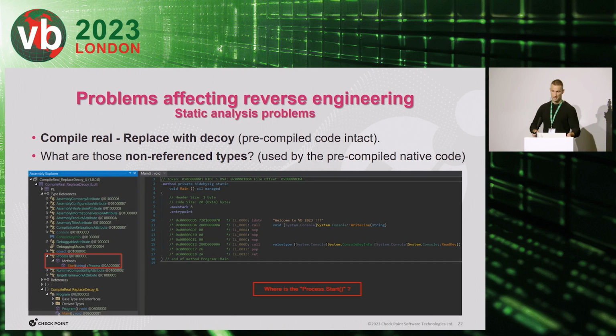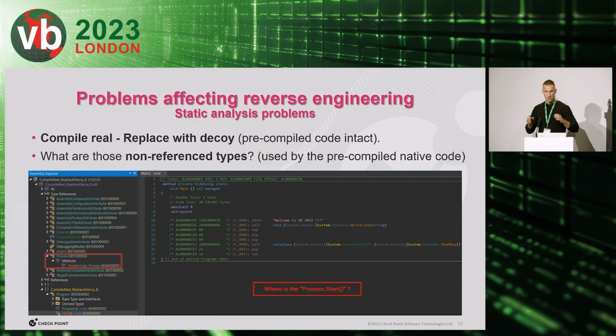So it's strange. It's very hard to analyze. But still, if we check the .NET metadata type references, there is something remaining. Literally, there is a process start method that is a part of the type references because we preserved the .NET metadata when we were creating the ReadyToRun stomping.